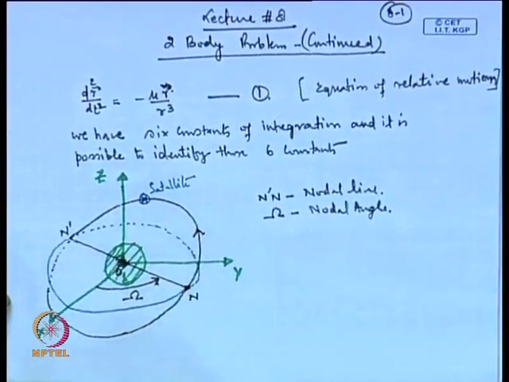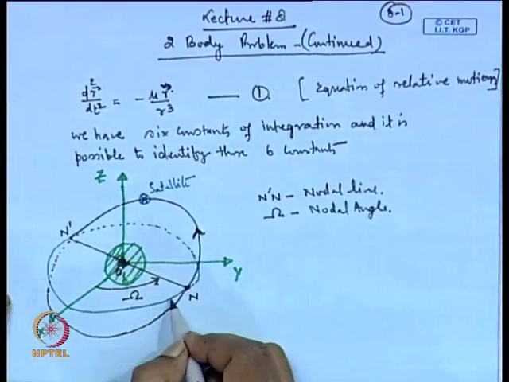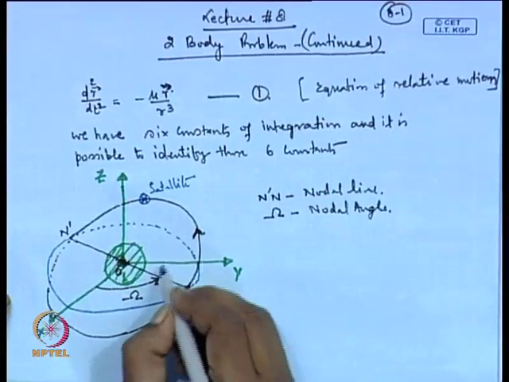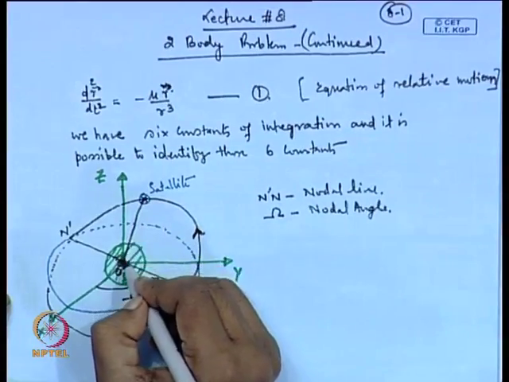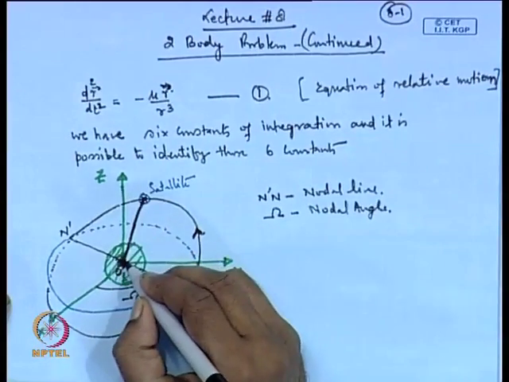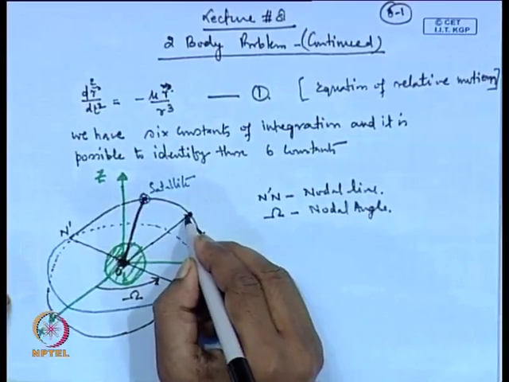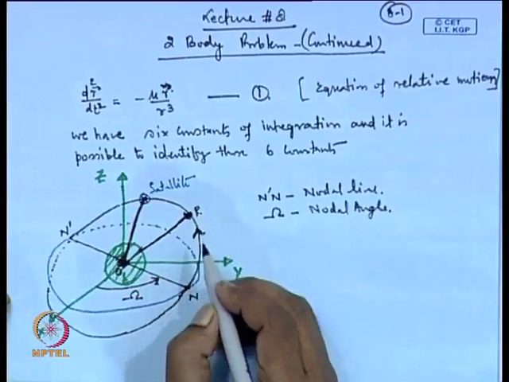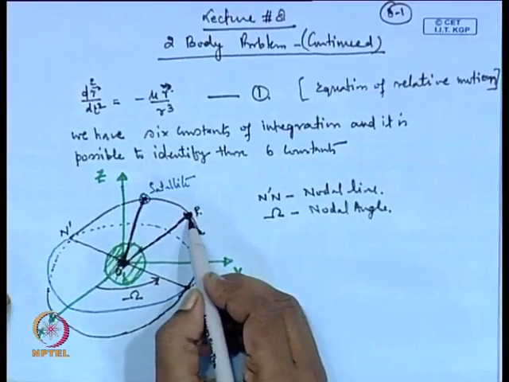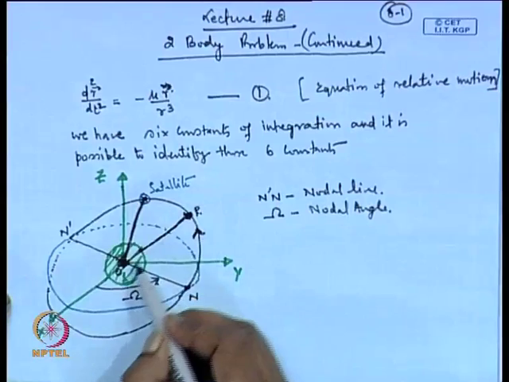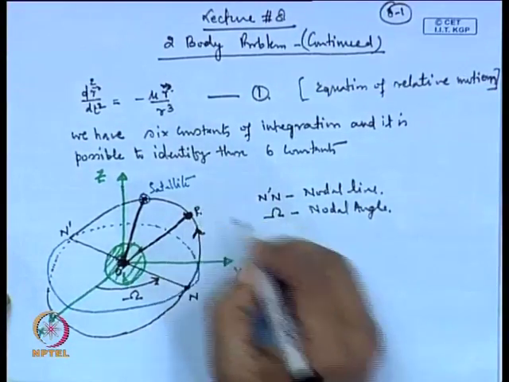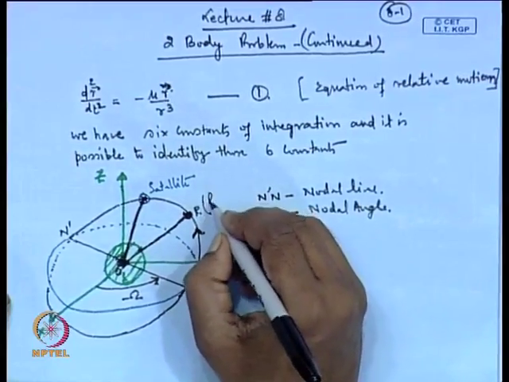Let us suppose that the satellite is moving from bottom to top on this side, and the satellite is here in this place. And there is one line which is called the periapsis line. This is the point of perigee. Perigee is the point of nearest approach to the point O, so the distance between point O and P is minimum. This P is called the perigee point.